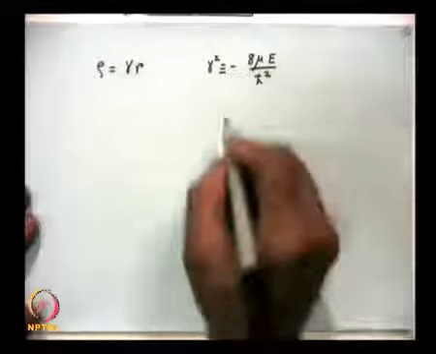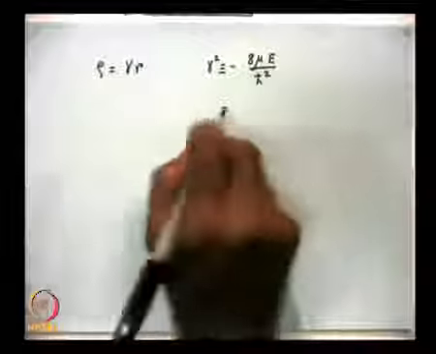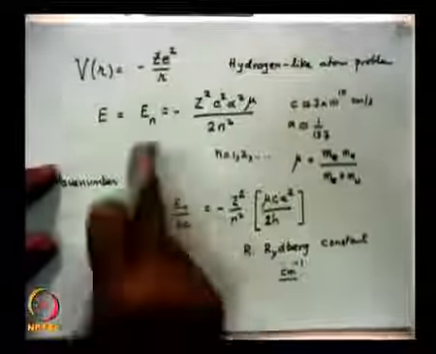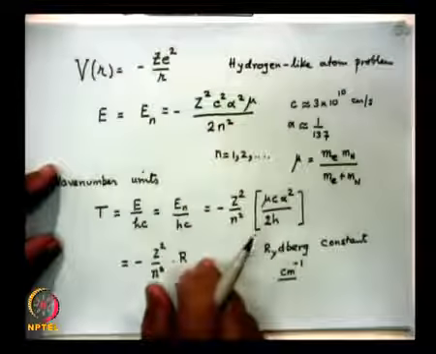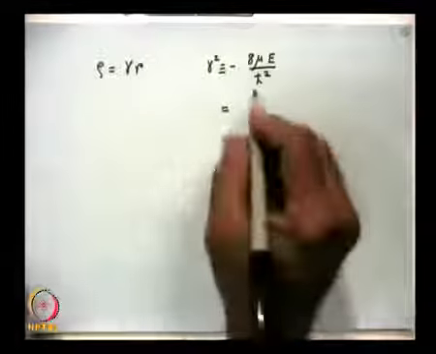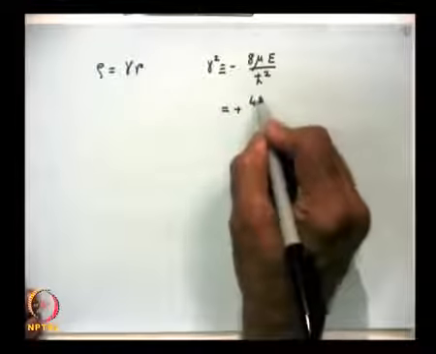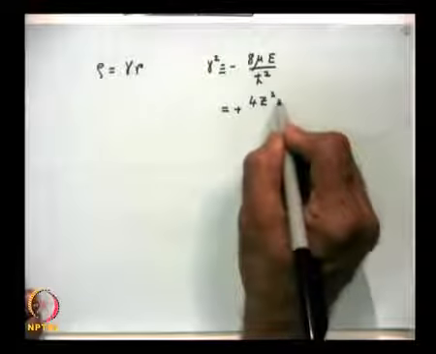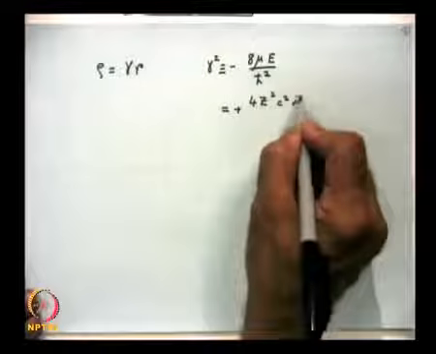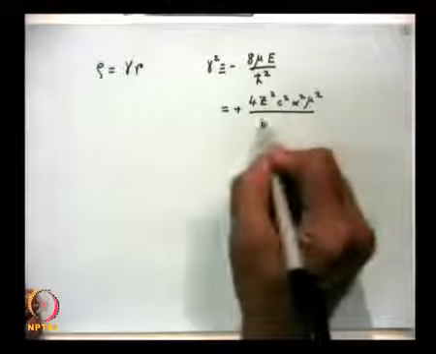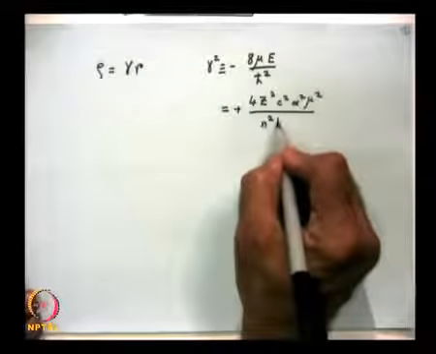Now, E takes negative values, as I have just now shown that the expression for E_n is this, and if we now substitute it here, then you will get plus 4 Z squared c squared alpha squared mu squared by n squared h cross squared.